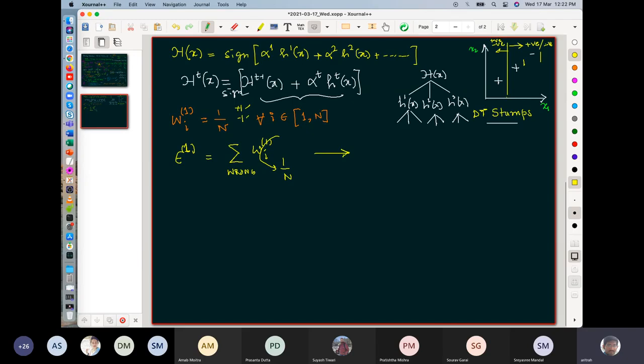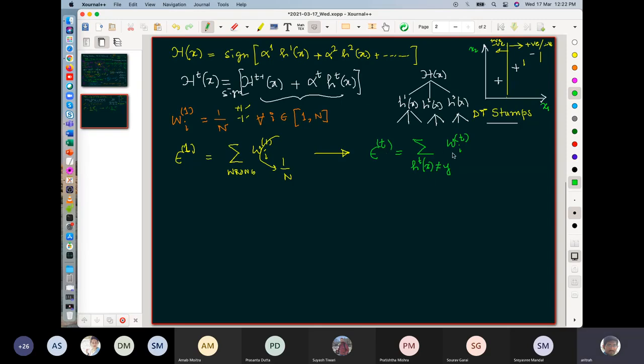So if we go by it in a generic sense, at any step t, the error that we make, wrong meaning my hypothesis h(x) is not matching with my label, I have this as my error, right?